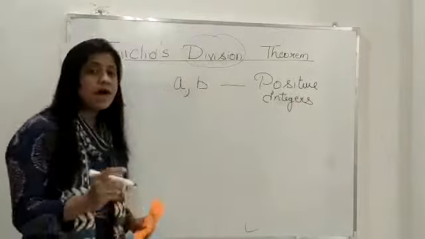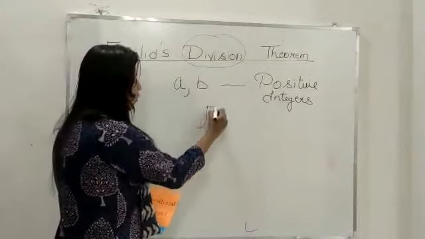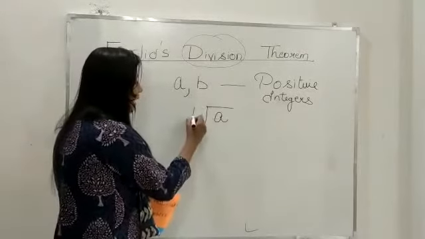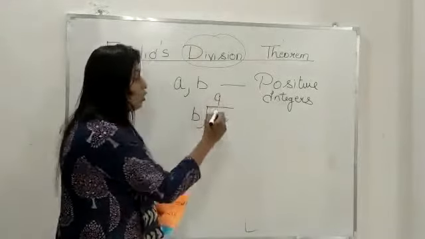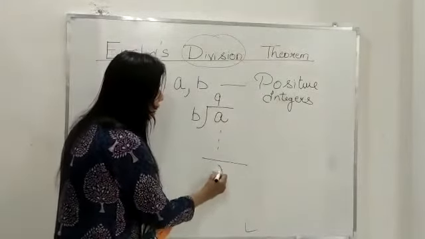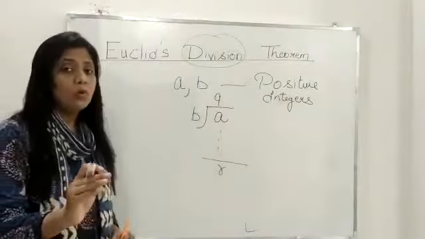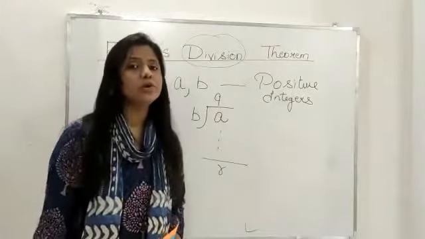So, if I divide A by B, I will get something that is called the quotient and I will get some remainder R. We have already studied in our previous classes about the long division process.